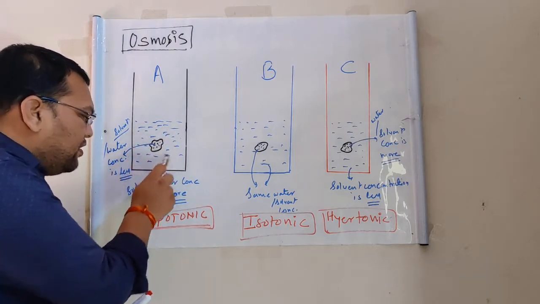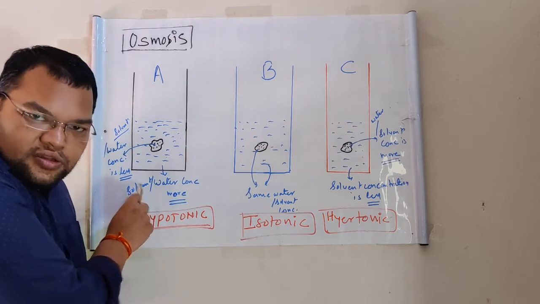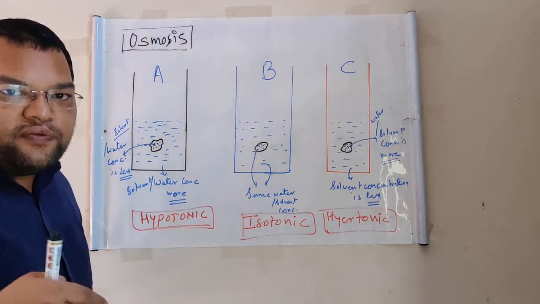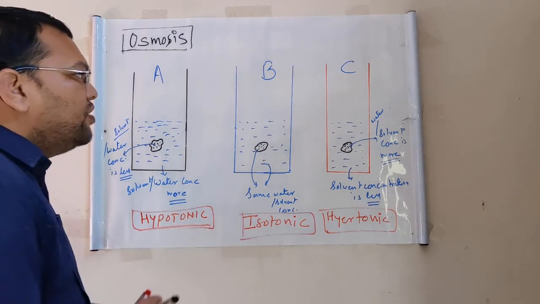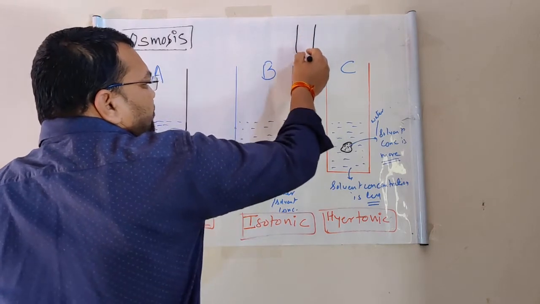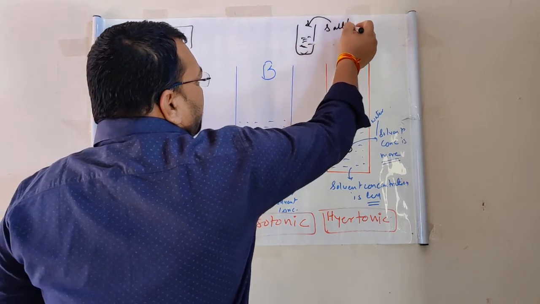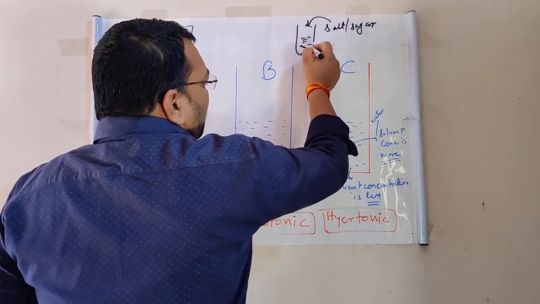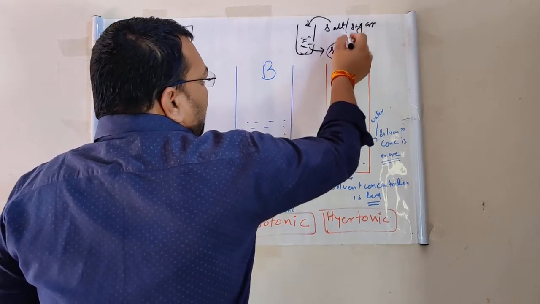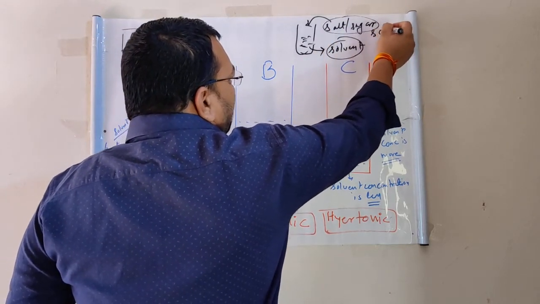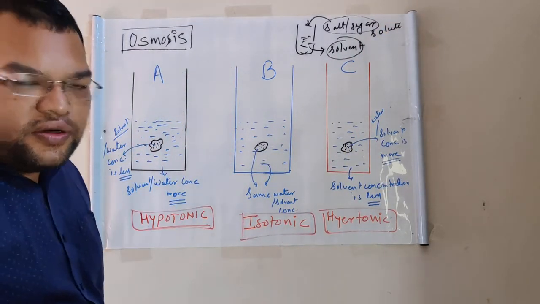Outside the cell, consider the concentration of the water, the solvent. Solvent is the portion of the solution in which the solute is dissolved. Yesterday I told you that if we take a glass of water and put some salt or sugar, the water acts as a solvent and the salt and sugar act as solutes, and the mixture which is formed is called a solution.